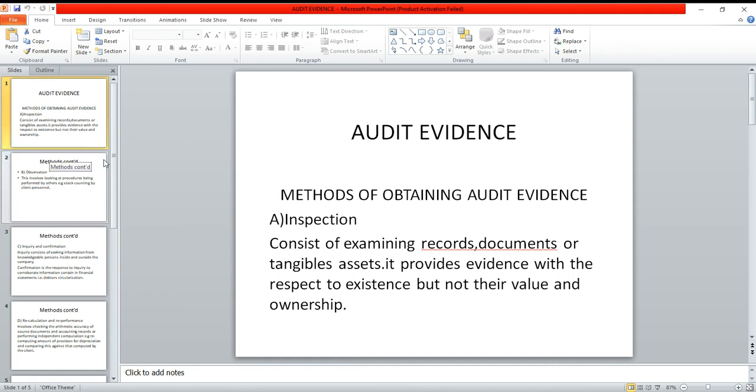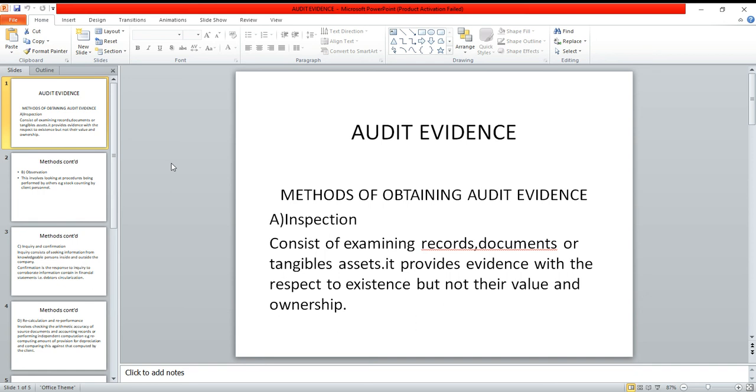As you can see, methods are those ways where an auditor is able to have those supporting documentations that support the financial statements of any given particular concern.